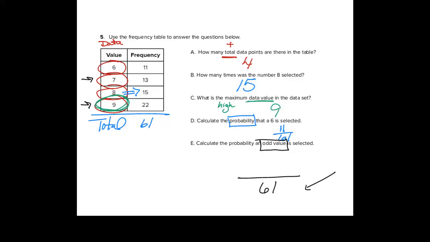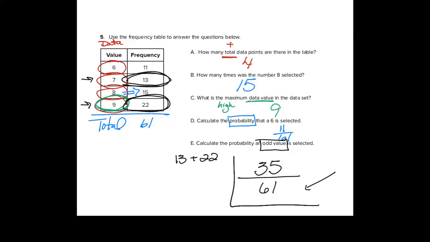How many times did we get 7? How many times did we get 9? What do you think we should do with those? Add them together, yes. So 13 is how many times 7 came up. 22 is the number of times that 9 came up. Add them together, and you get 35 out of 61.